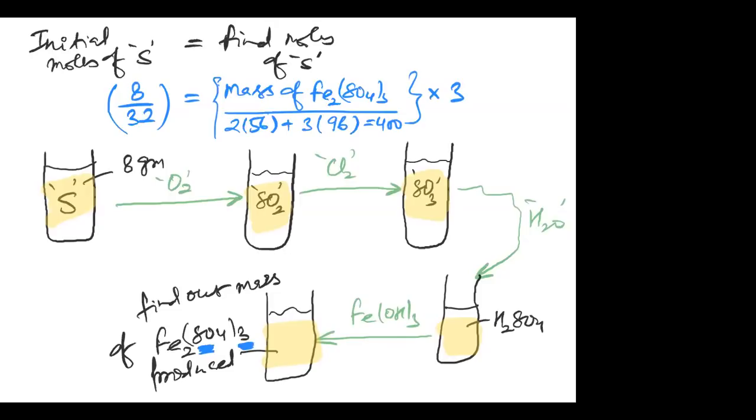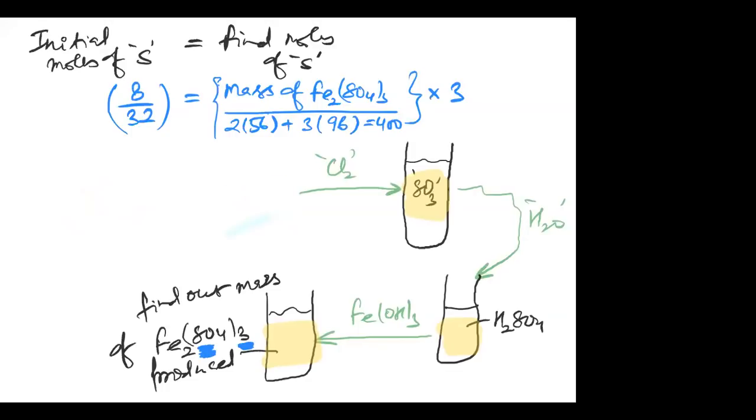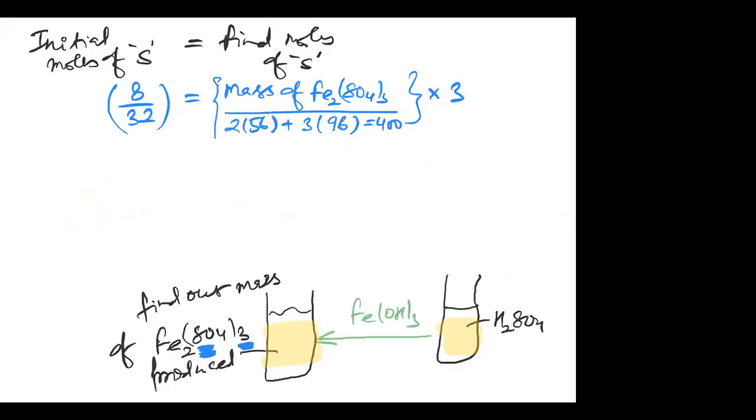I'm repeating again, 8 divided by 32, which is the number of moles of sulfur, should be equal to the mass of ferric sulfate divided by its molecular mass, multiplied by 3. Suppose the mass is x gram: 8 divided by 32 equals x divided by 400 multiplied by 3.